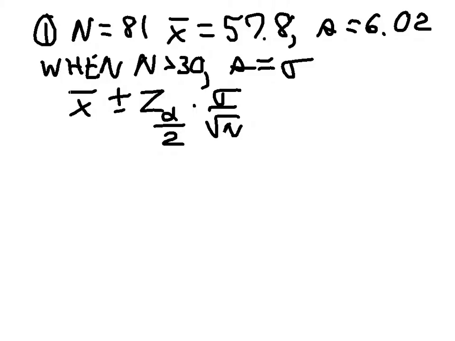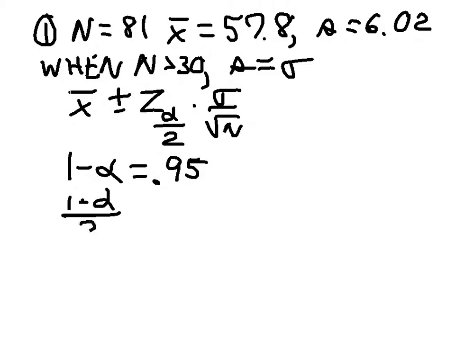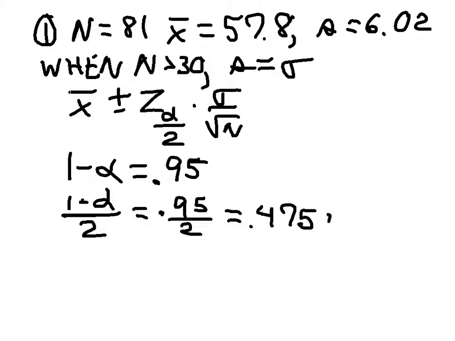Okay, we know this is a 95% confidence interval, so we take 1 minus alpha, and that's equal to 0.95, referring to the 95%. Then we take 1 minus alpha over 2, which is 0.95 over 2, which is 0.4750.